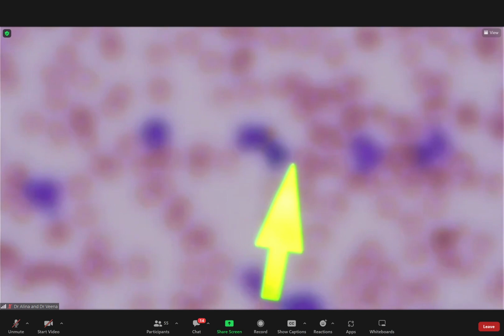You can't actually see PML-RARA unless you do a FISH, but you see the fusion, chromosomes fusing together, right? The parts of the genes fusing together. So we write that translocation 15;17. But PML-RARA typically is the term for the gene. So that is the molecular, okay?